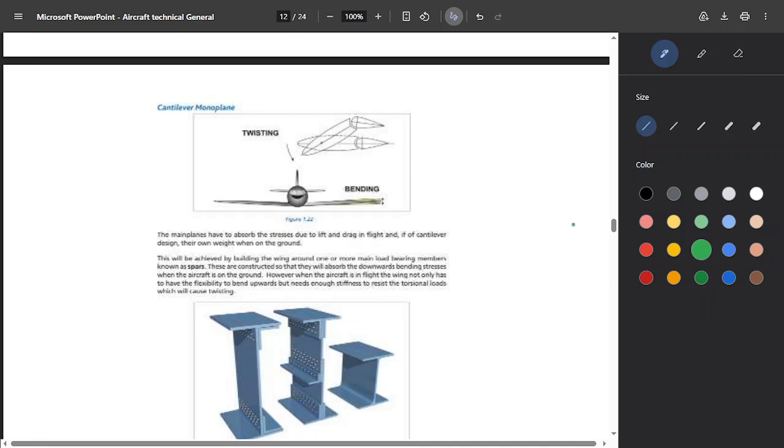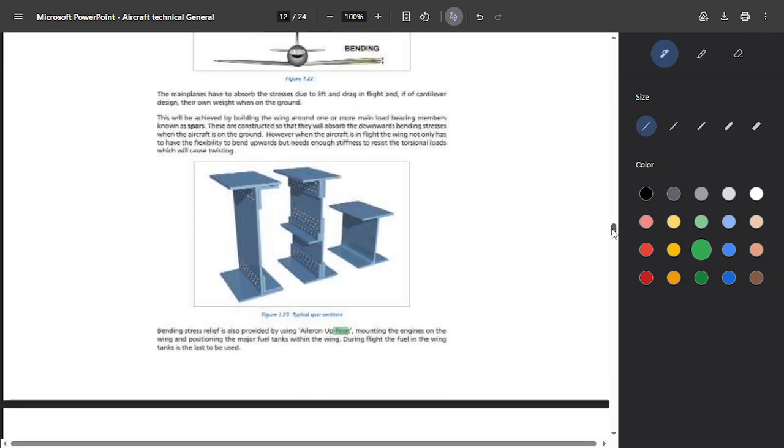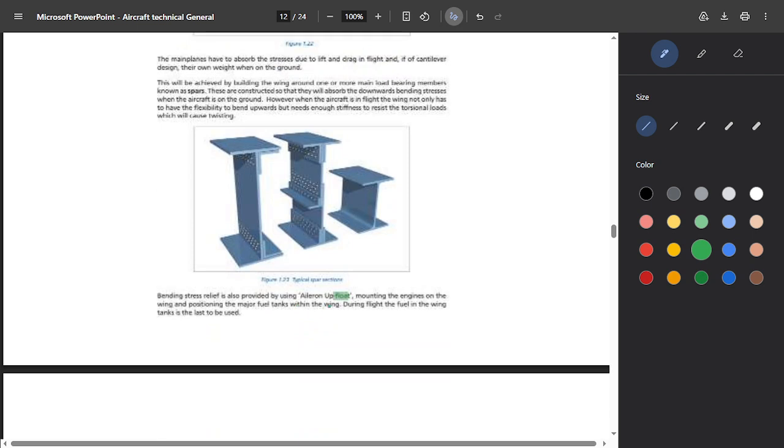Here we can see that in the bending, stress relief is also provided by using aileron up float, mounting the engines on the wing and positioning the major fuel tanks within the wing. During flight, the fuel in the wing tanks is the last to be used. So here we can find the mention of all options.